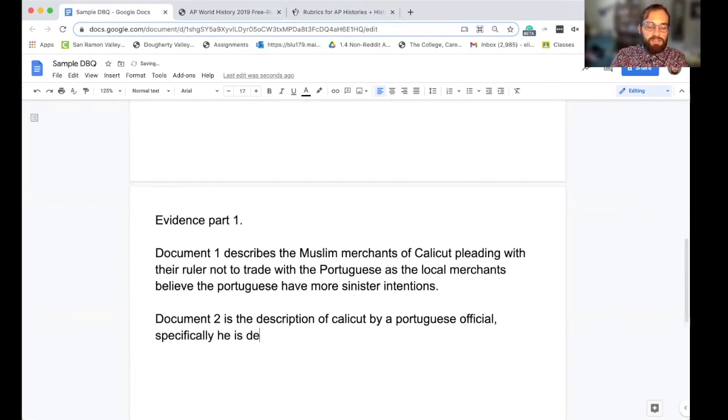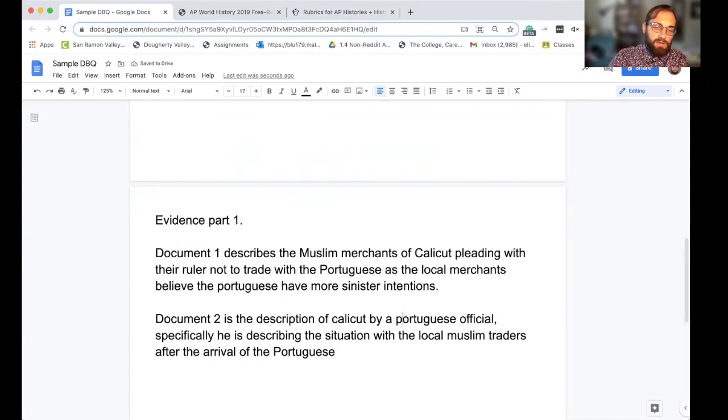Specifically, he is describing the situation with the local Muslim traders after the arrival of the Portuguese. Just got to remember to capitalize my cultural groups.